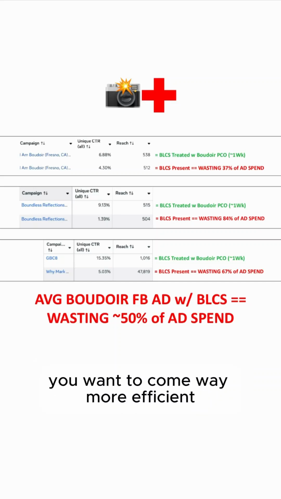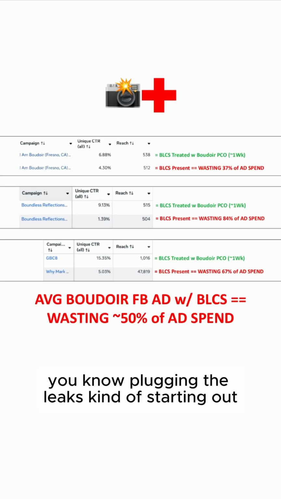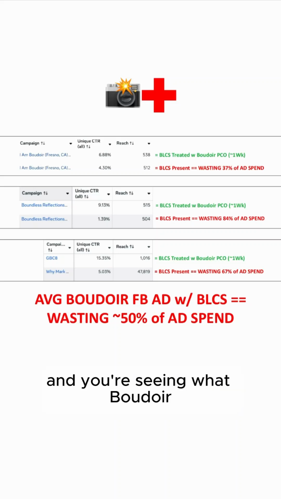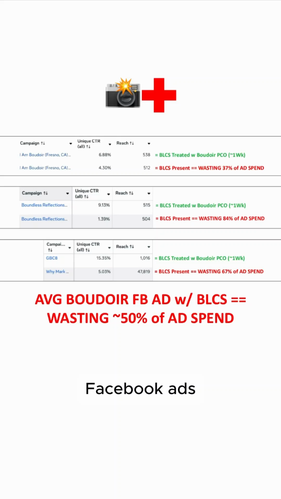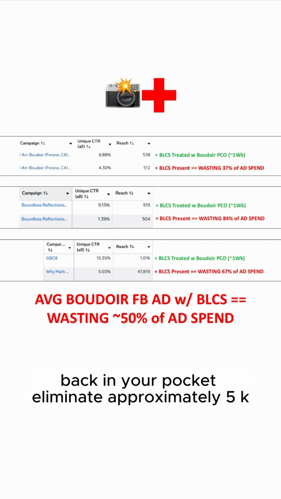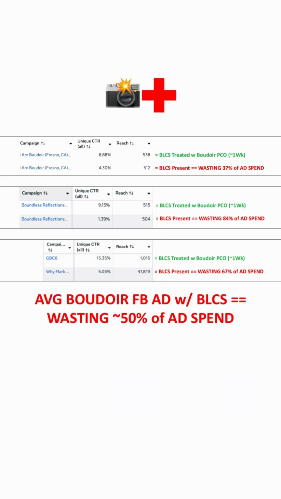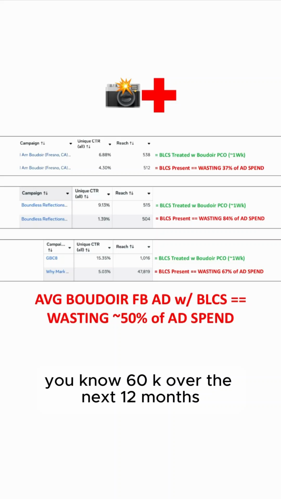You want to become way more efficient, pull more money out of it as well by plugging the leaks. And you're seeing what Boudoir Pico has done for other boudoir photographers' Facebook ads. And you want to be able to save, back in your pocket, approximately 5K of ad spend every single month, literally back in your pocket. It's kind of like a phantom bonus. That's approximately 60K over the next 12 months.